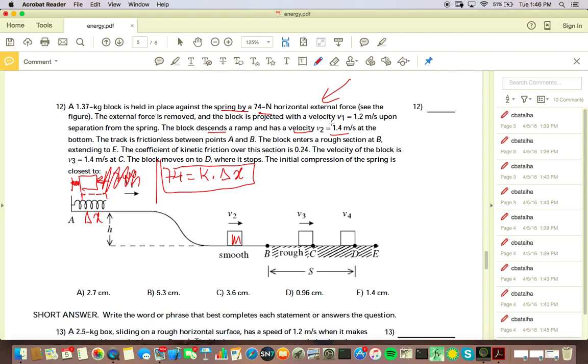When the external force is removed, the block comes out with a velocity of 1.2 meters per second, and of course at the lower end it has a little bit more speed. The track is frictionless between point A and B, and the block enters a rough section. The coefficient of kinetic friction is given, and the velocity at point 3 is 1.4 meters per second.